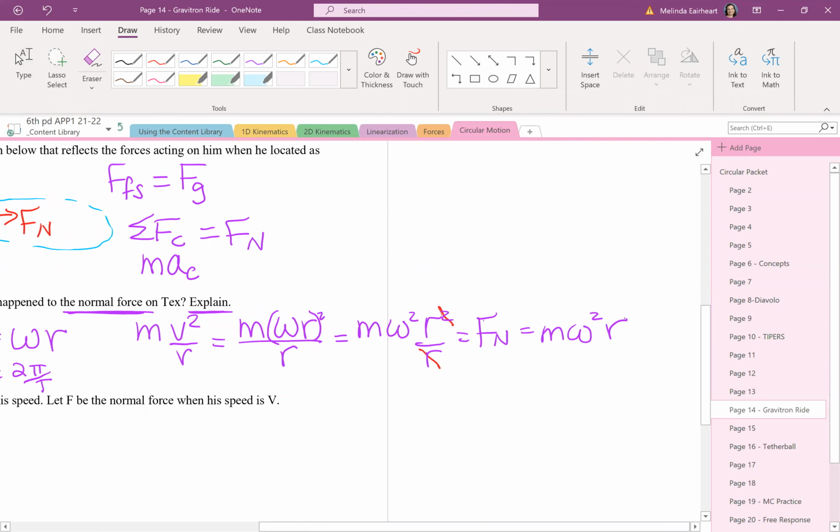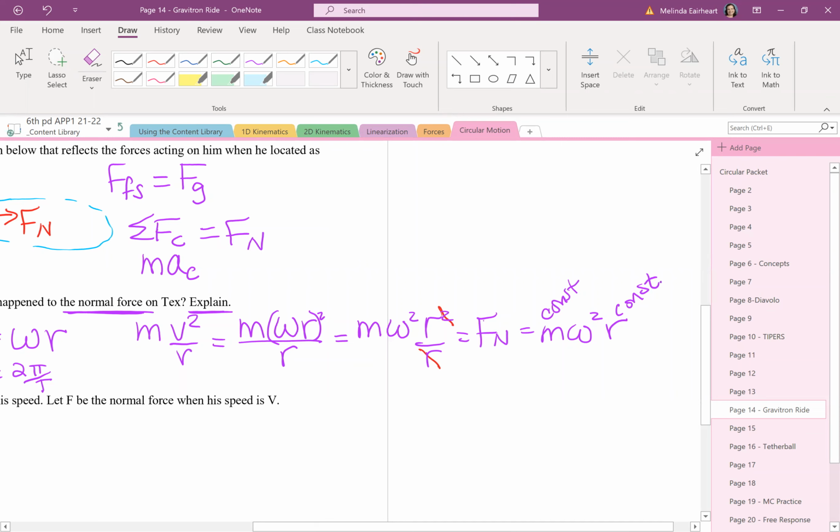And so as you ride this ride, is your mass changing? No, mass is going to be constant. What about r? It's not like the bugs and Santa on the merry-go-round. You're not moving on the platform. You're stuck to the wall, so radius is going to be constant.